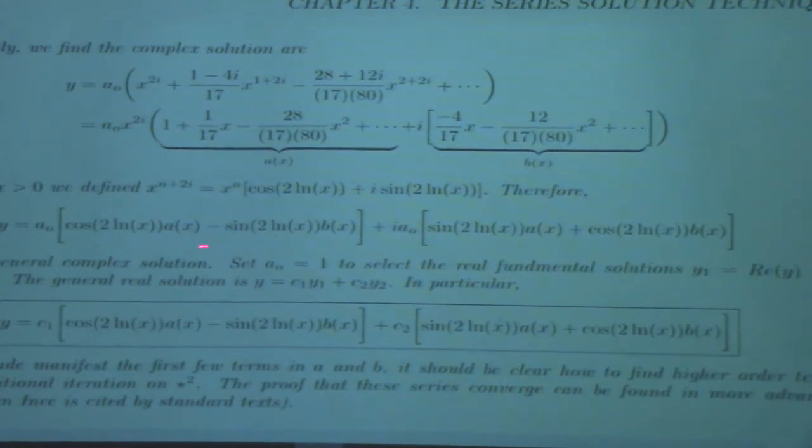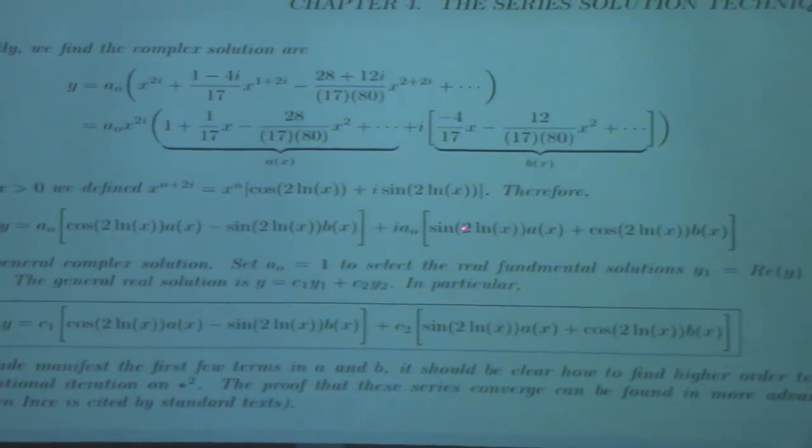And that gives us this thing down here. Again, real, imaginary. Over here you've got imaginary real, and real imaginary from this, which if we expanded x to the 2i, again it's cosine 2 log x plus i sine 2 log x. Does that make sense? I mean, what I'm saying?